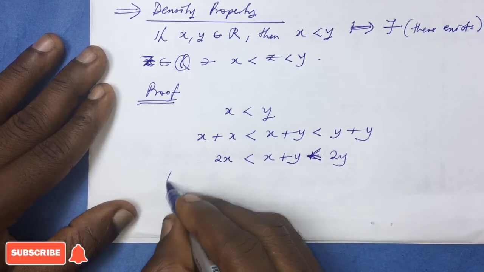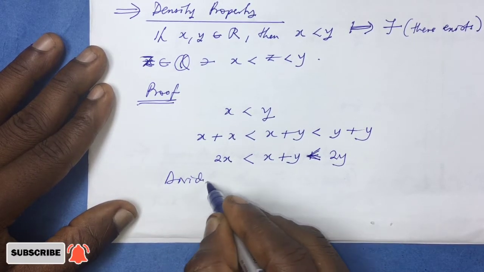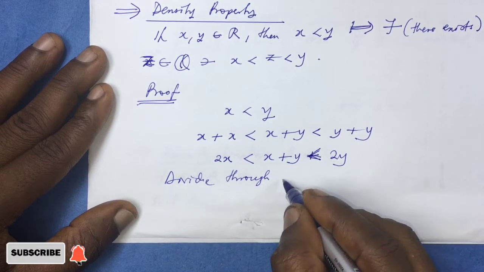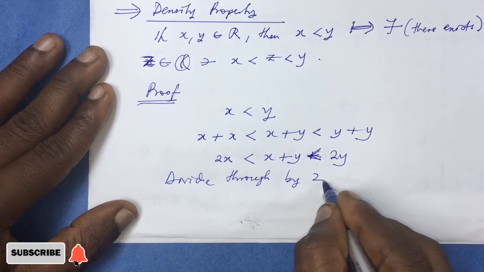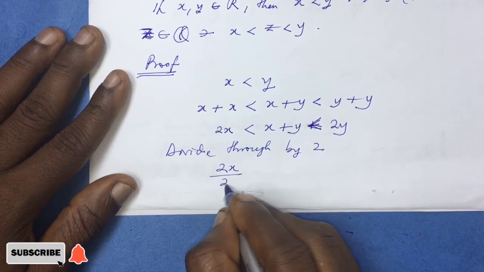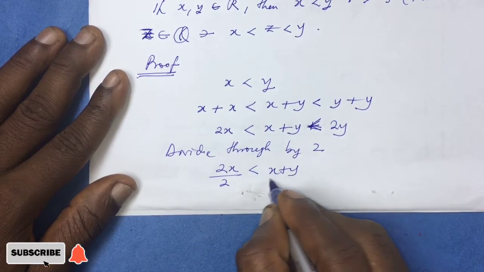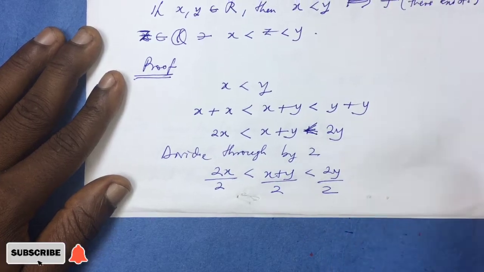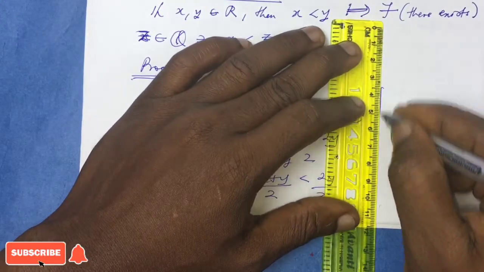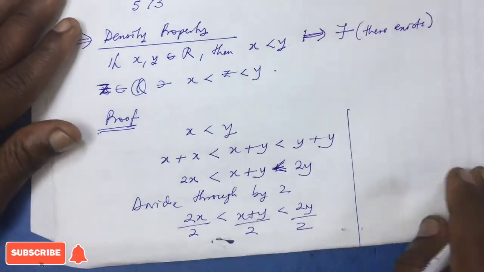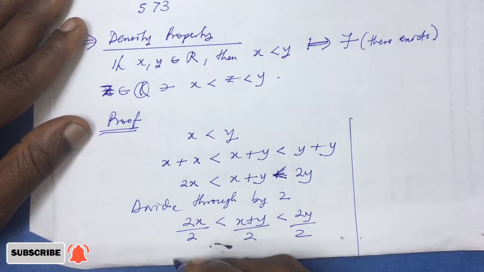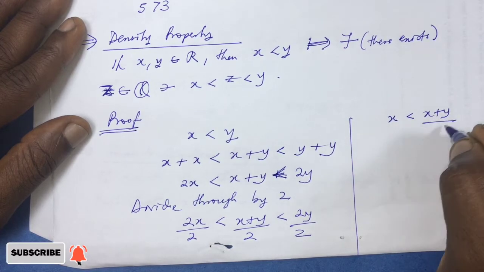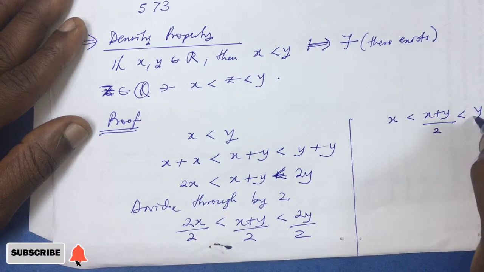Now, if you divide through by 2 in this inequality, you end up having 2x over 2 is less than (x plus y) over 2 is less than 2y over 2. When 2 cancels 2, you end up having x is less than (x plus y) over 2 is less than y.